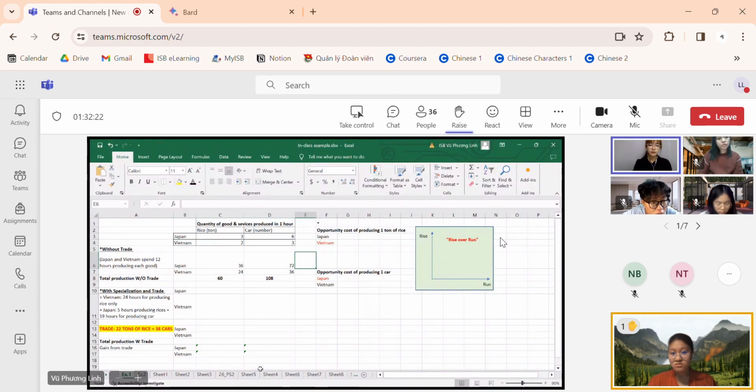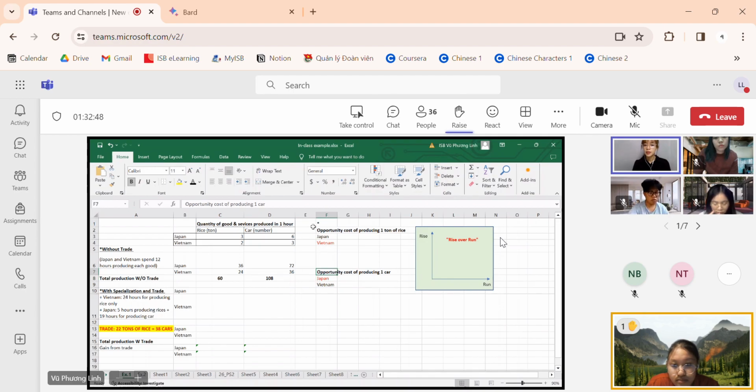Right, so now, Japan and Vietnam learn economics, and they know that they can benefit from the comparative advantage to receive the gain. So they will make decisions by following the comparative advantage. Okay, right. And in order to do so, they need to compare the opportunity cost of producing a ton of rice and a car.